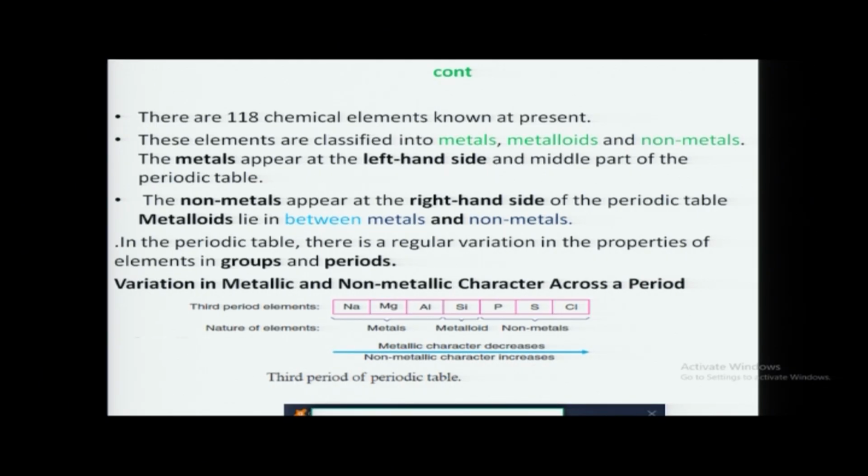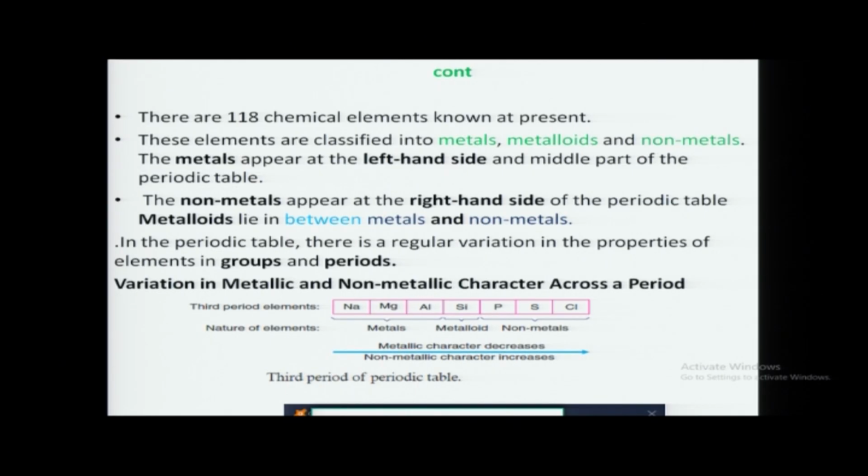They're all metals, and also in the same period, but they don't have the same properties. Some variation in their properties. That's what we're going to see.